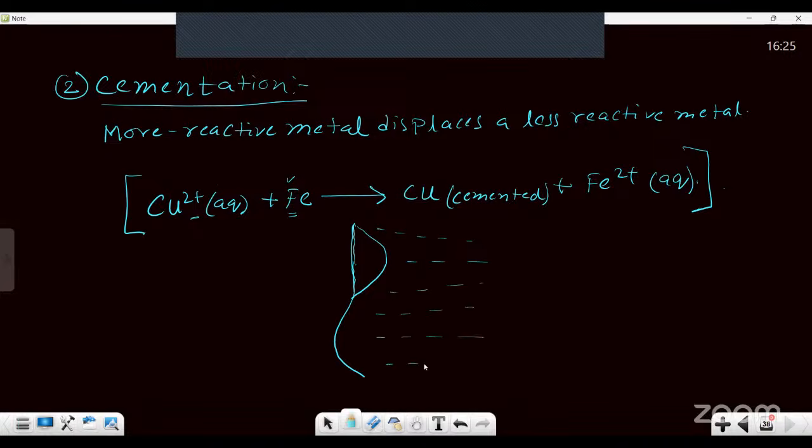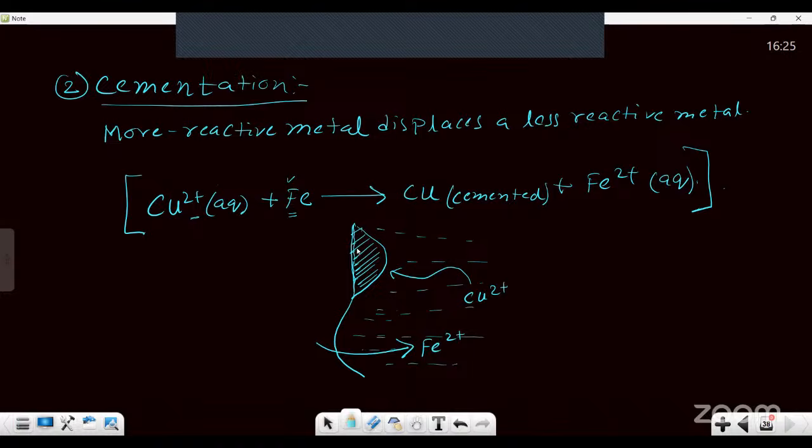So you see what is happening here. The copper was initially in the aqueous solution as Cu2+. The Cu2+ ions will come here, take up the electrons, and get cemented as copper. On the other hand, what is coming into the solution? Fe2+ is coming into the solution.